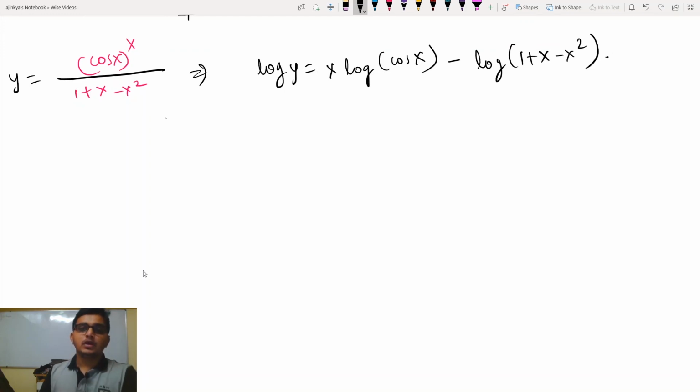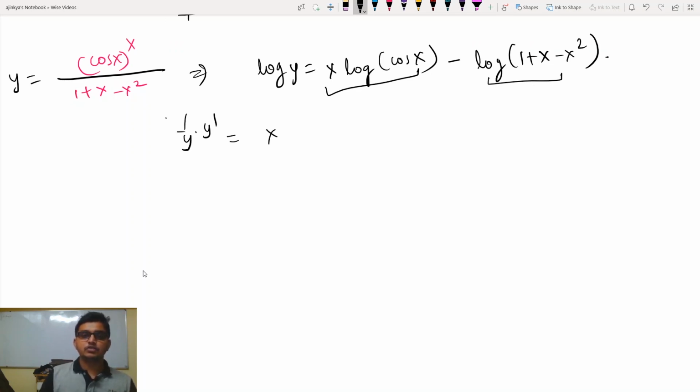Now here we need to understand we have to use different formulas. Here we need to use the product rule, here we need to use the quotient rule, and this combined effort is going to solve the question of a logarithmic differentiation rule. So we have 1 upon y times y dash, which is equal to x, then the differentiation of this will be 1 upon cos of x times minus sine of x.